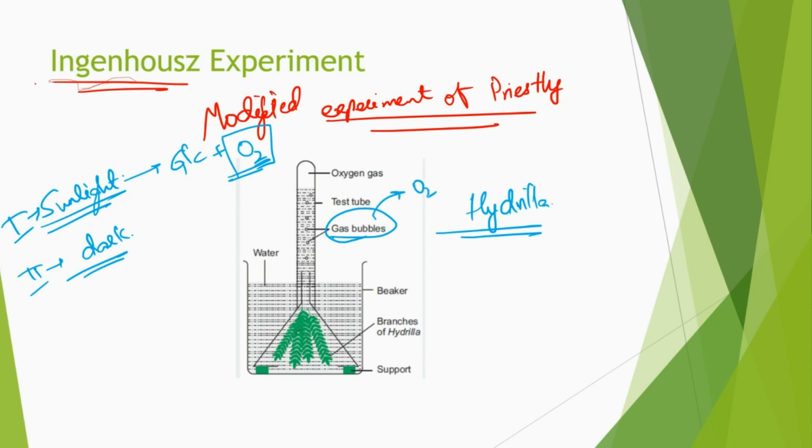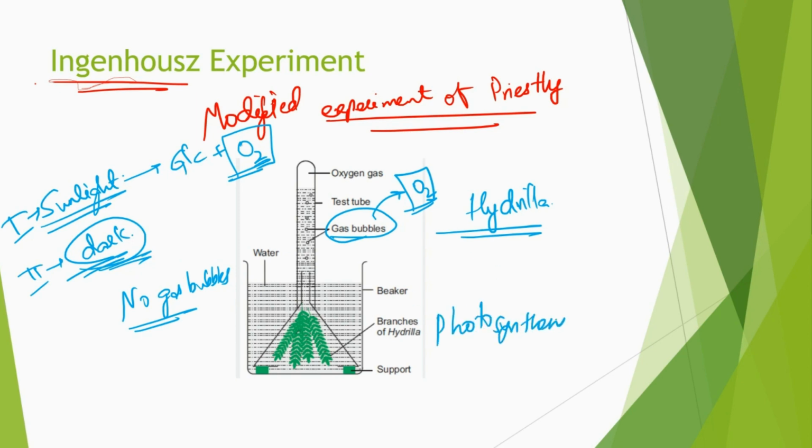So these gas bubbles suggest the release of oxygen by Hydrilla due to photosynthesis. But when this plant was placed in the dark, there were no gas bubbles seen. Why is it so? Because there is no light energy given.